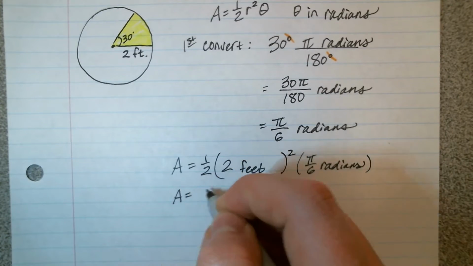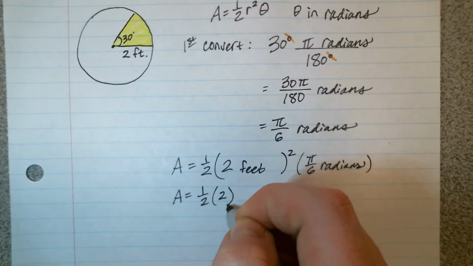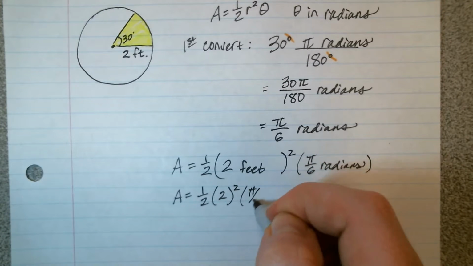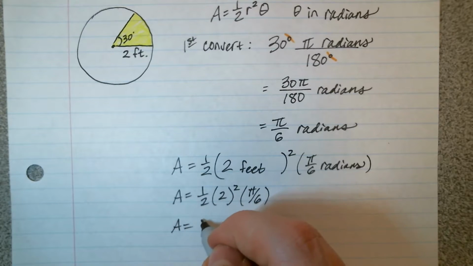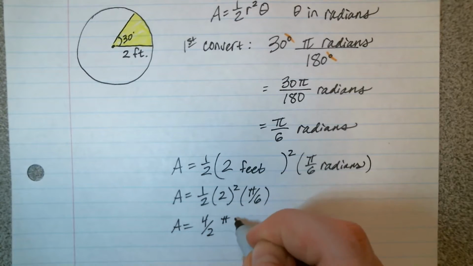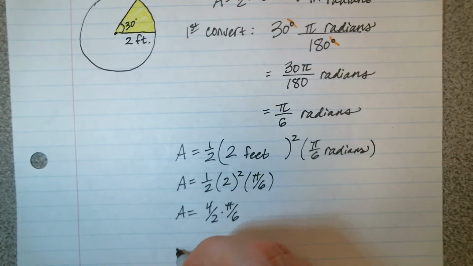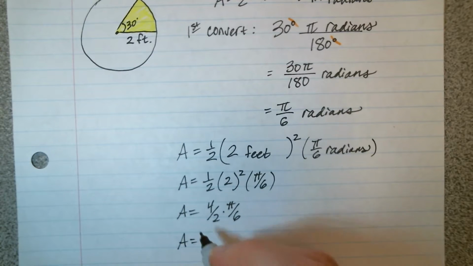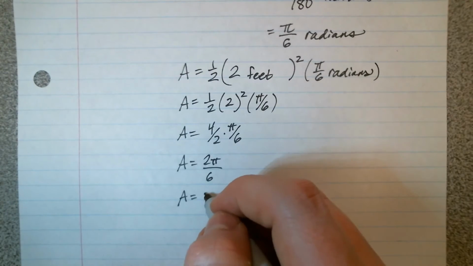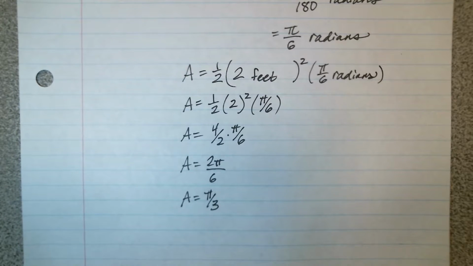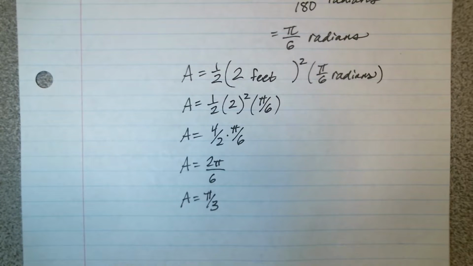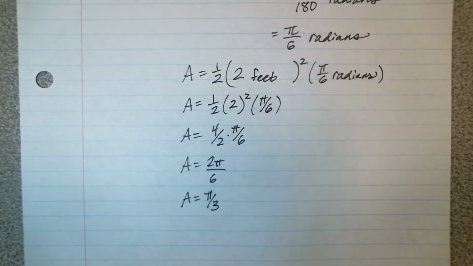So I have 1/2 times 2 squared times pi over 6. So the area of this sector is pi over 3, but you can't forget your units.